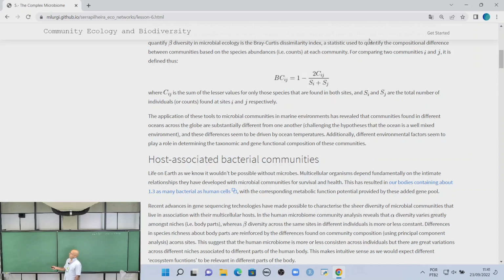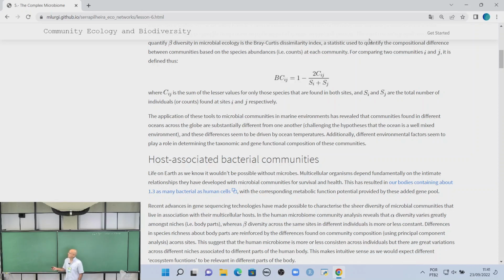And the Bray-Curtis distance is basically 1 minus 2 times Cij, in which Cij is the sum of the smallest abundances of the species that are common across samples, divided by the total sum of all the counts of individuals of species in the two communities.